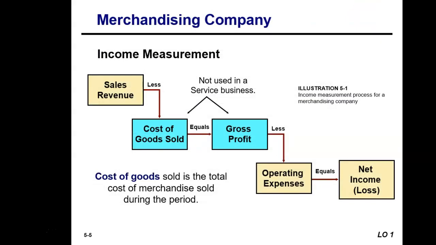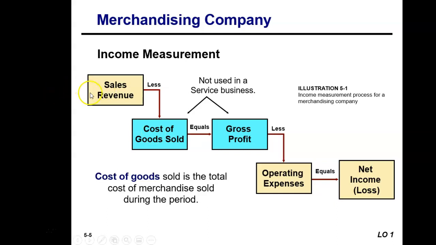Now, for a merchandising company, this is the typical structure of income measurement. Sales revenue is the actual sales price of an item. Cost of goods sold is the amount the company paid for the item that was sold to you, the consumer.